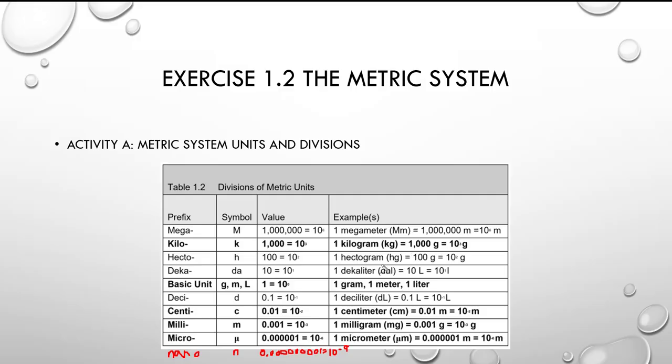All right. If I go the opposite direction, I get smaller. So if I'm less than a meter, I can measure things in centimeters, millimeters, micrometers, or nanometers, okay? Same with grams. So centigrams or centimeters or centiliters, that is 10 to the minus 2.